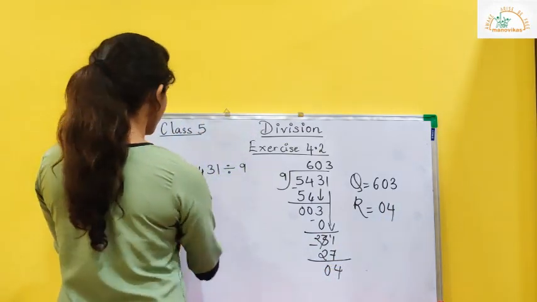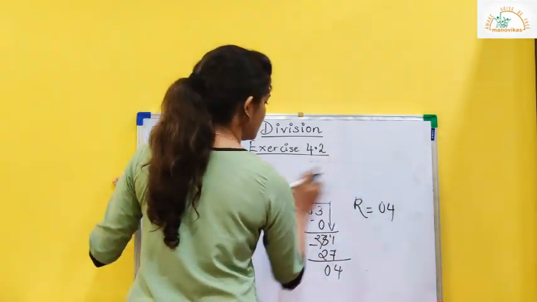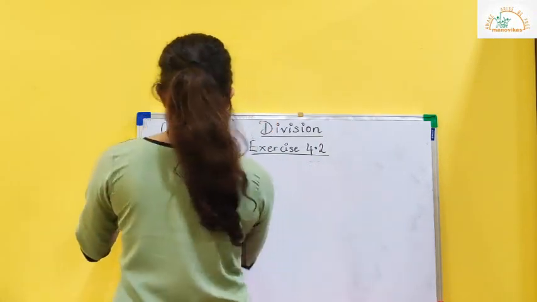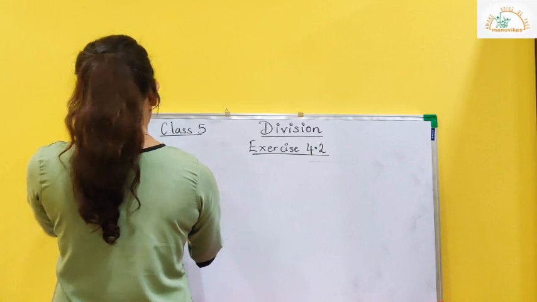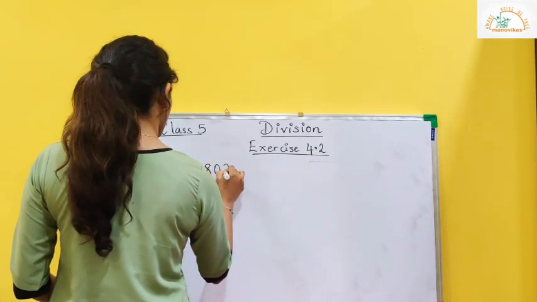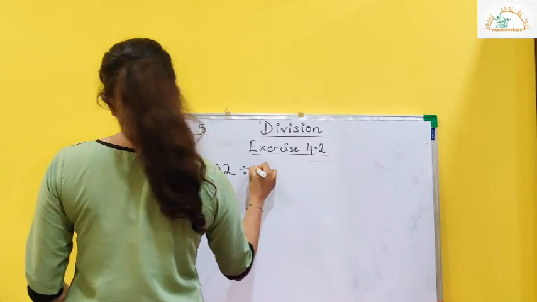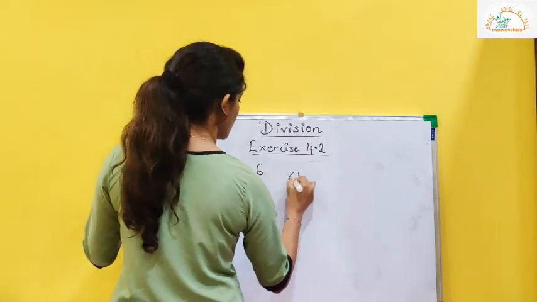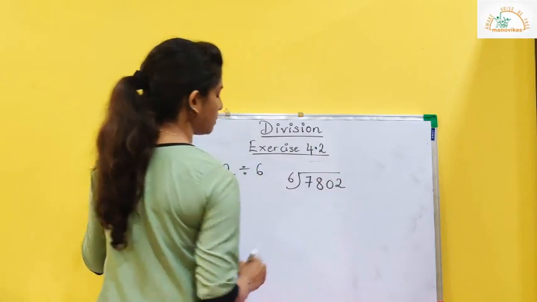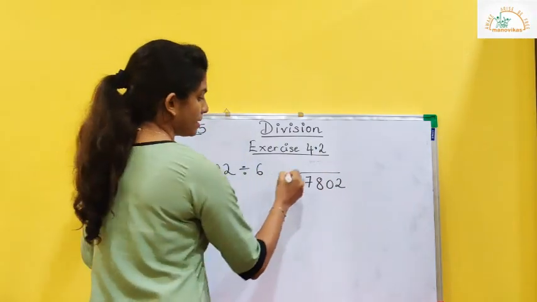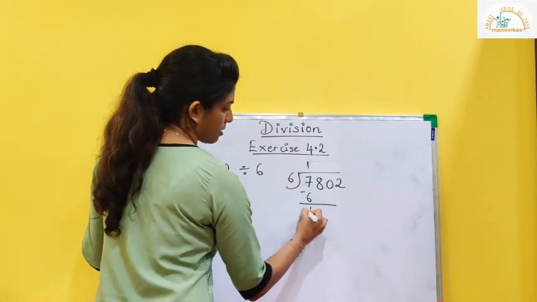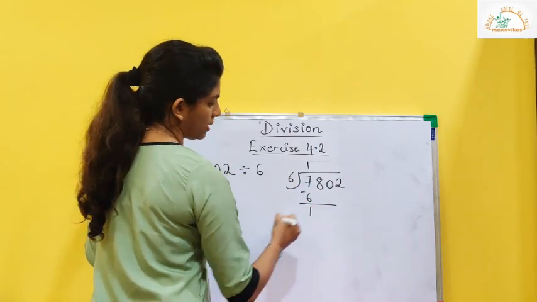Okay, let's do the fifth sum. 7,802 divided by 6. 6 ones are 6. 7 minus 6, 1.